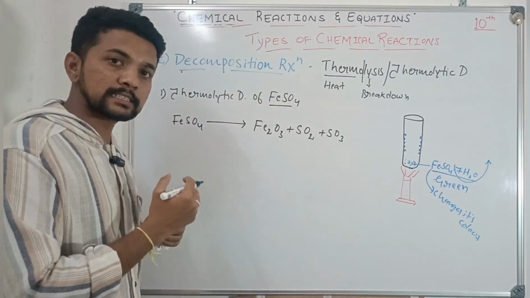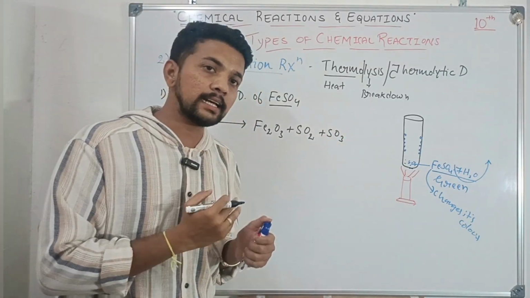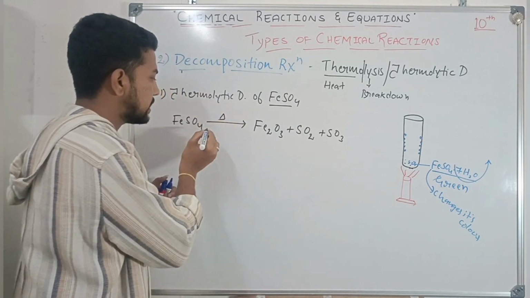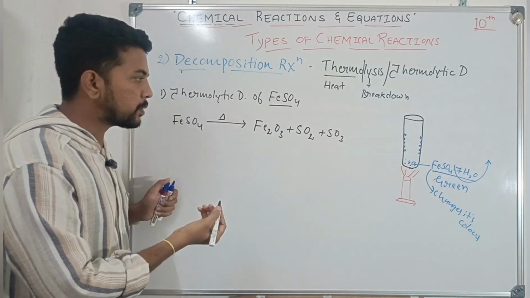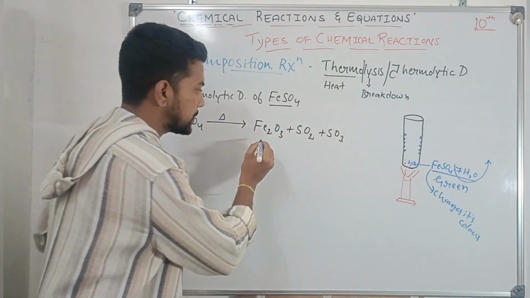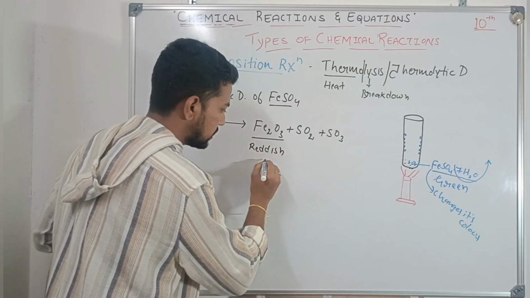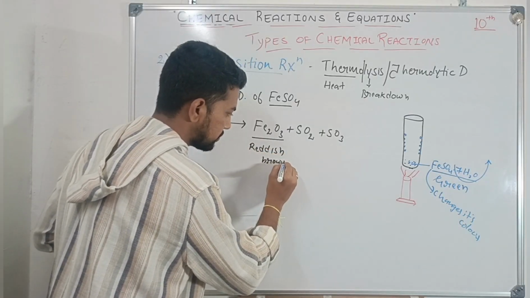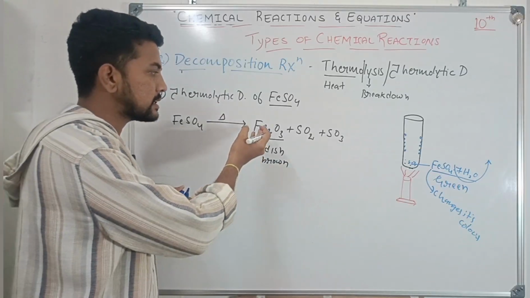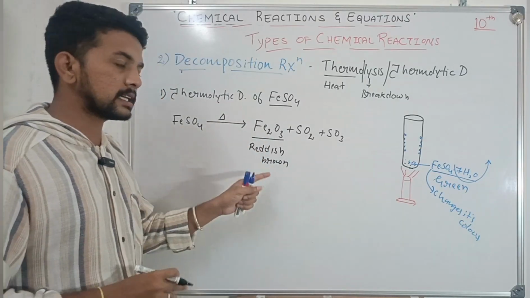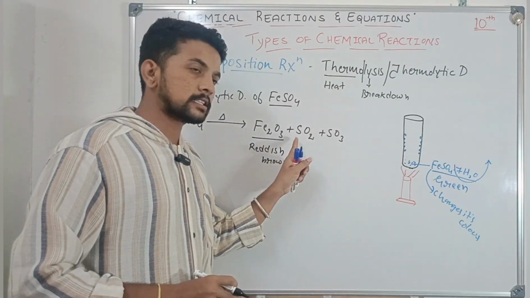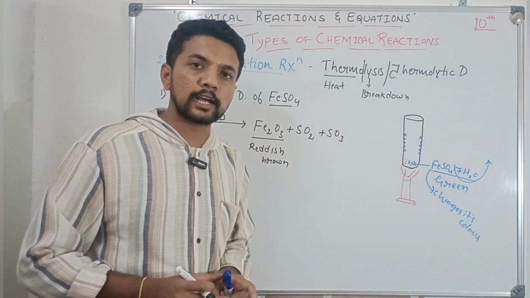The ferric oxide is reddish brown in color, and along with it there is a formation of sulfur dioxide and sulfur trioxide gas.